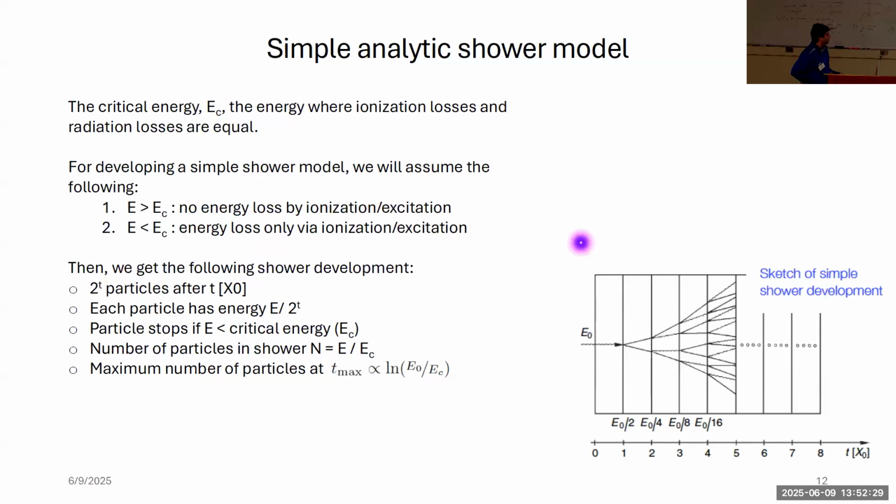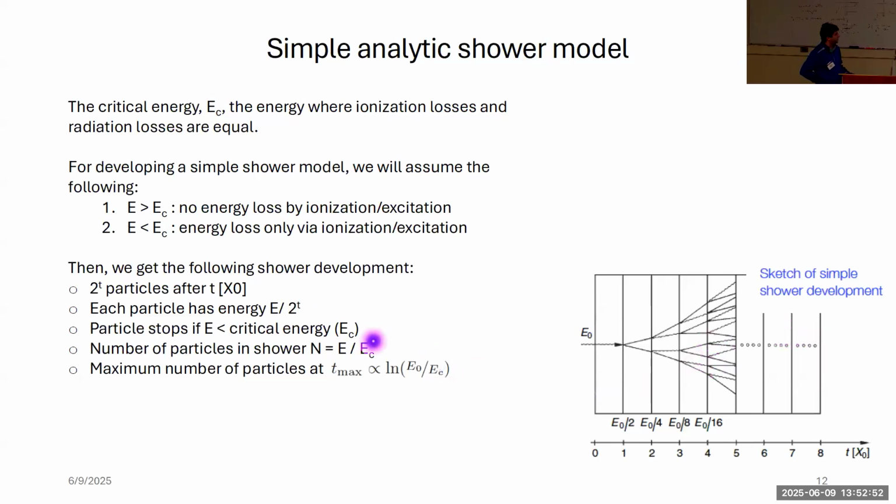So first off, you would have this splitting effect. After one radiation length, you would get 2 particles, then after 2 radiation lengths, 4 particles, and so forth. The energy would divide by a factor of 2 for all the particles after that number of radiation lengths.